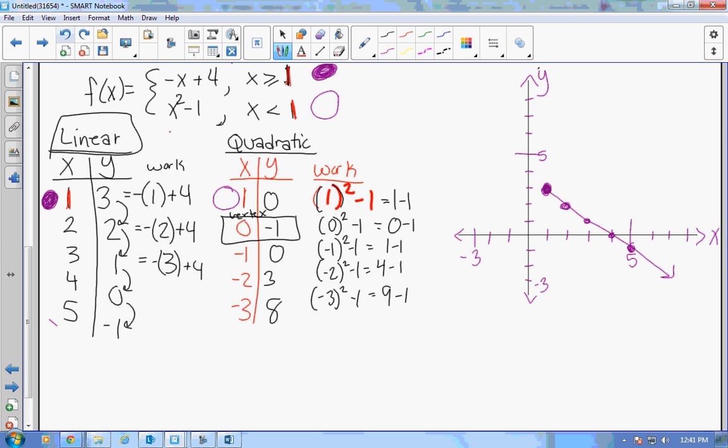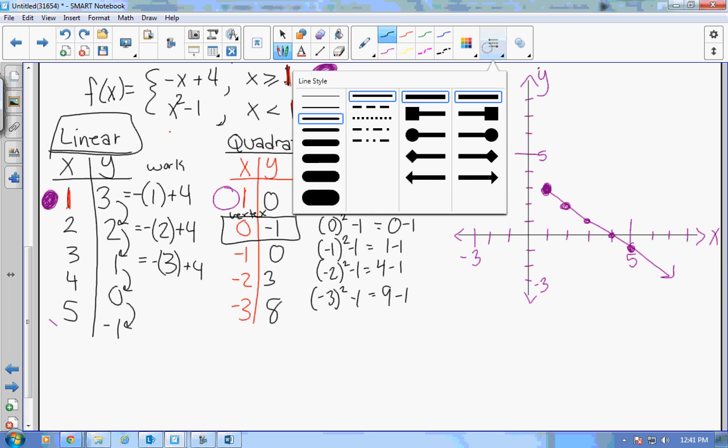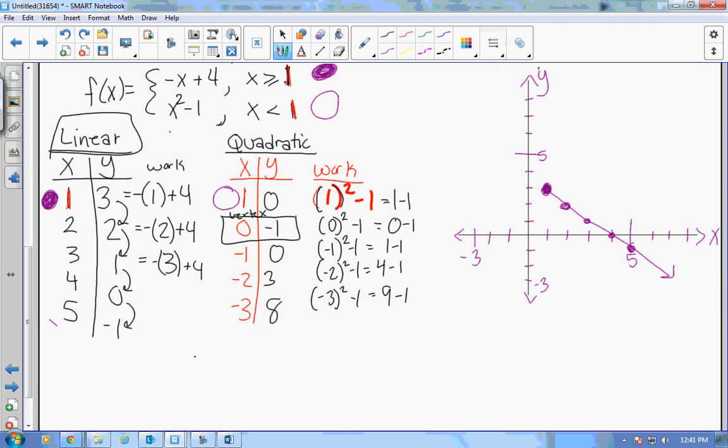Okay, the other one is quadratic. So when we plot the points, it should not look straight. It should be curved like a quadratic parabola. So we need to do a big open circle at 1, 0. So 1, 0, we have an open circle. And then we have some other points: 0, -1, -1, 0.